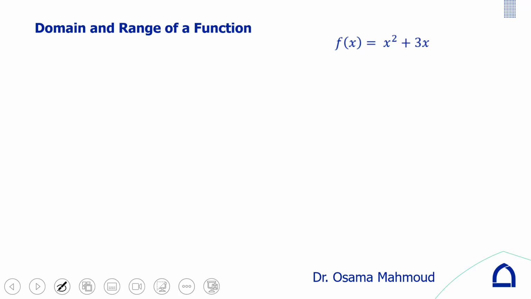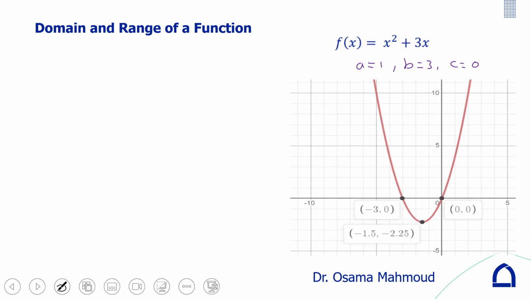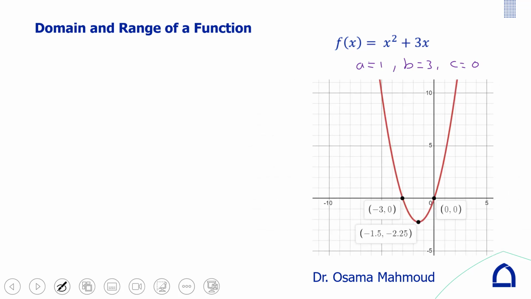This is a quadratic function. Yes, you have a equal to 1, b equal to 3, c equal to 0, because you don't have a constant. Okay. And this is how to graph it using desmos or any graphical calculator. This is the turning point. How can I find the turning point?